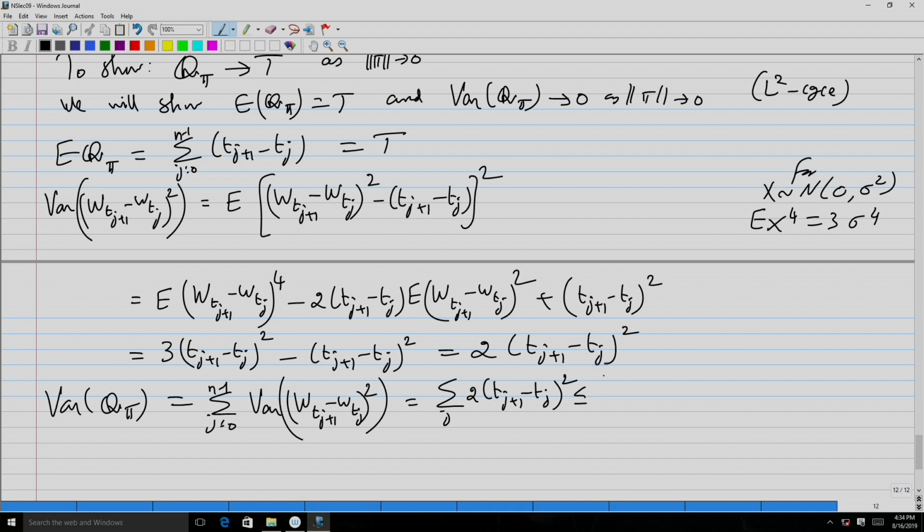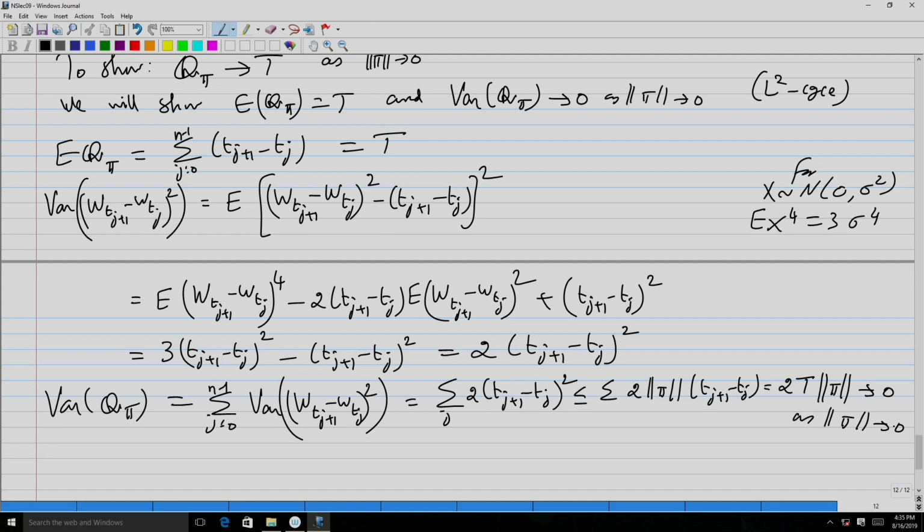Now, this is less than or equal to, replacing one of the (t_{j+1} − t_j) by the norm of π and leaving the remaining as it is, the summation of 2 times norm π times (t_{j+1} − t_j), which equals 2 times T times norm π, which tends to 0 as norm π tends to 0.